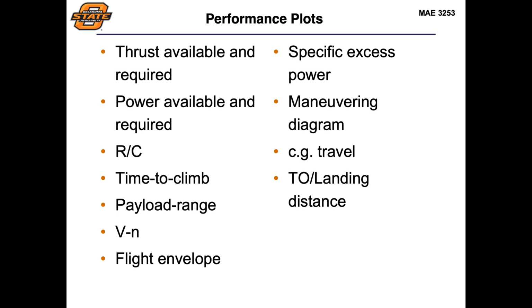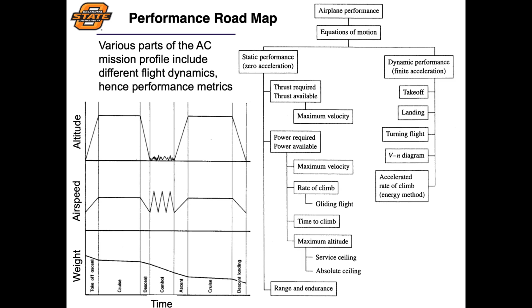So as your payload is loaded on the aircraft, the pilots will need to calculate based upon the amount of payload you have and the location of that payload on the aircraft, as well as the amount of fuel that you have to determine if your center of gravity is within the right range. If your center of gravity is too far forward or too far aft, your aircraft may become unstable. So that becomes a very, very critical value that pilots will need to be able to calculate.